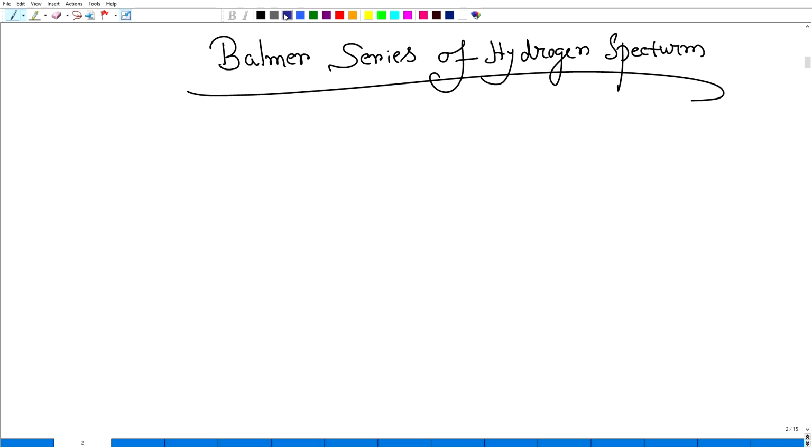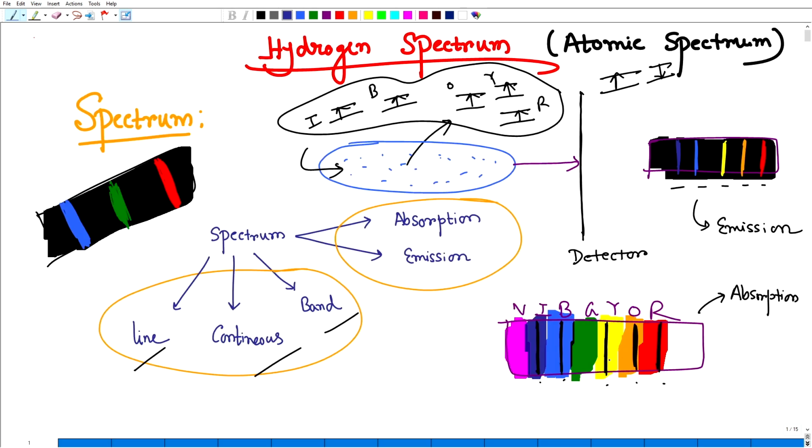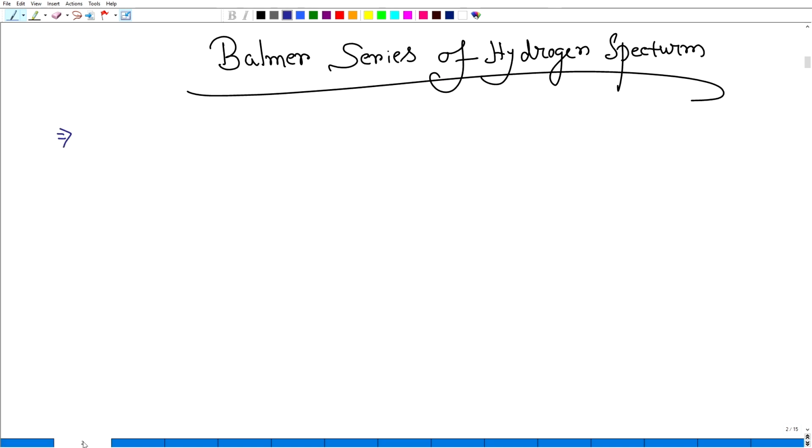Okay, so what was the result? In the visible range, 4 lines were obtained, as I showed here, in the emission spectra of the hydrogen atom. So these are the wavelengths of the bright lines obtained.